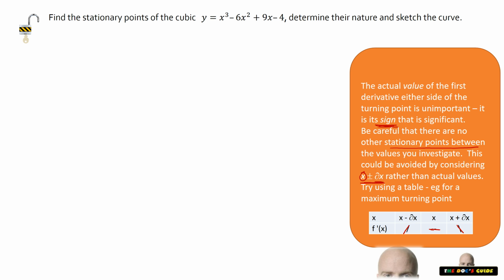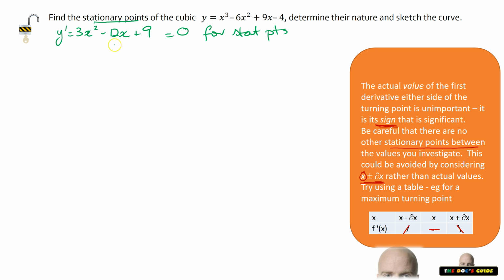So our first task is to get the differential. That will be easy enough: 3x squared minus 12x plus 9. To find stationary points, we know that we want that to equal 0. So we're really just trying to solve this quadratic.